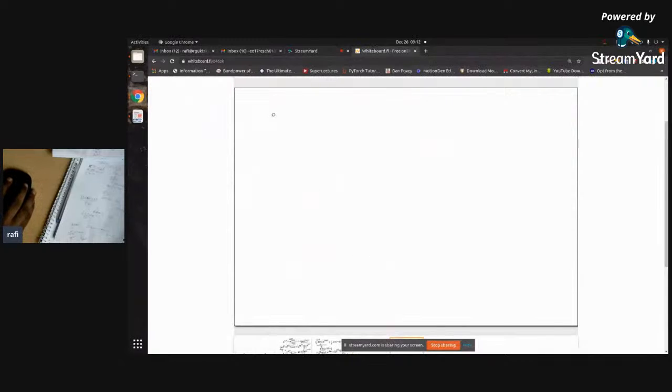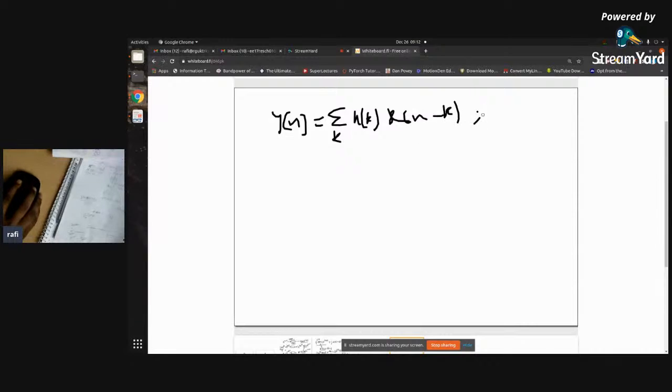So y of n is the summation over k of h of k x of n minus k, the convolution formula, and here our x of n is given as e power j omega n u of n. That means it is defined only for n greater than or equal to 0, otherwise it is 0.